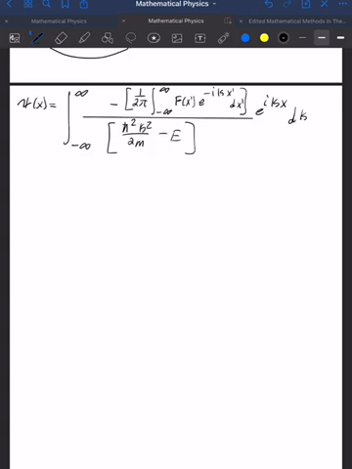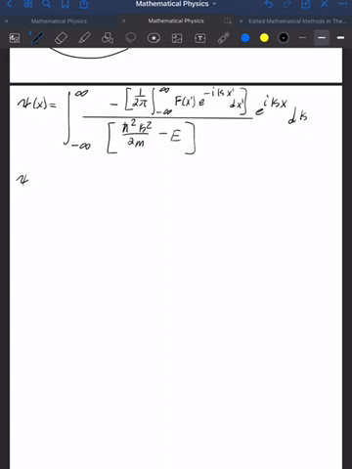And with that, we can simplify this a little bit further. It may not be totally intuitive as to why or how we're simplifying in this way, but what pops out is something interesting called a Green's function.